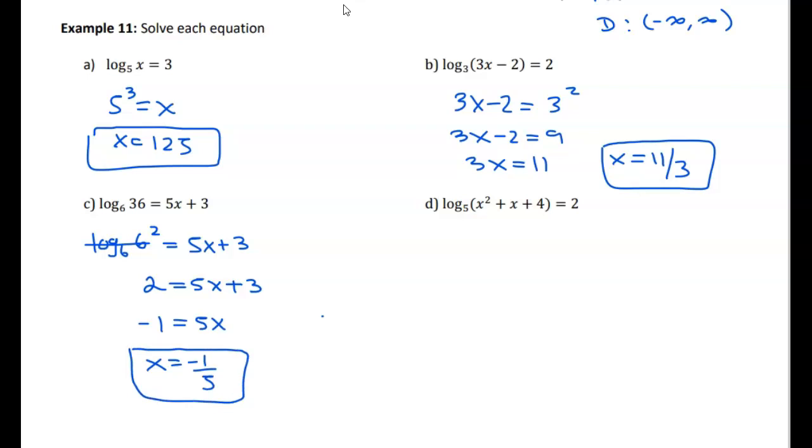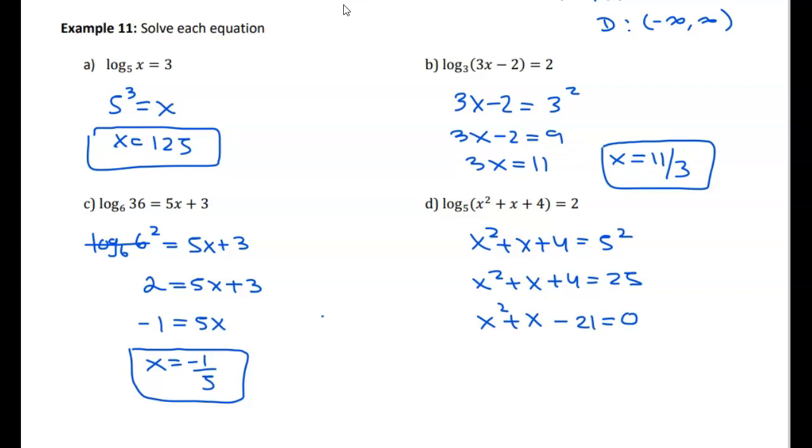Now let's look at this one. Change this to exponential form. So we have x squared plus x plus 4 equals 5 to the 2. x squared plus x plus 4 equals 25. x squared plus x minus 21 equals 0. And I don't think this factors out, 7 times 3.